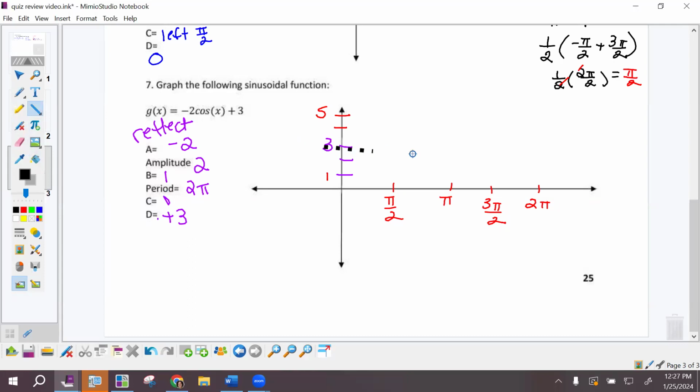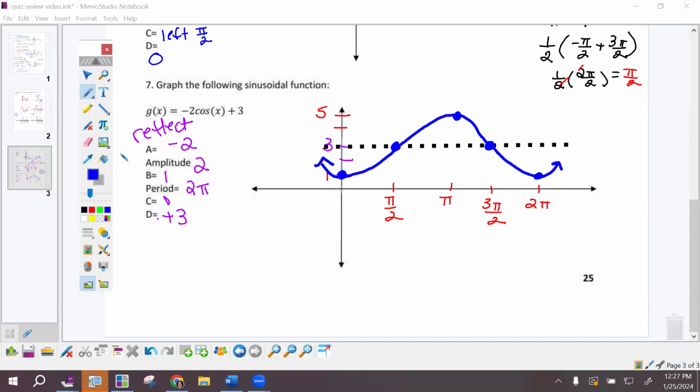Put a dashed line for my midline. All right, so now we've got a reflected cosine, which means we start at the minimum, midline, maximum, midline, minimum. Turn it around at the endpoint. Arrows on the end.